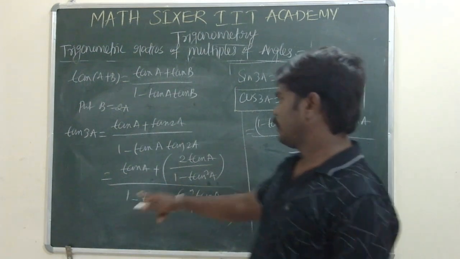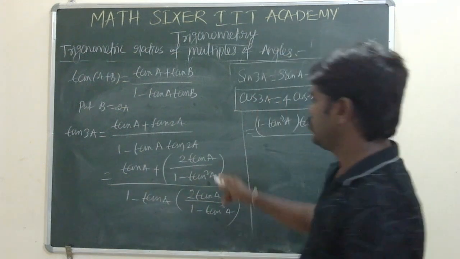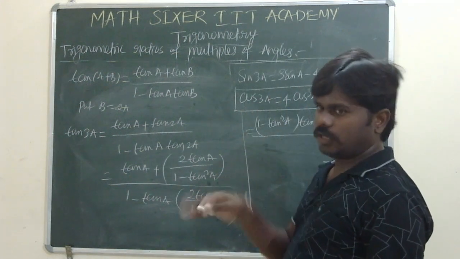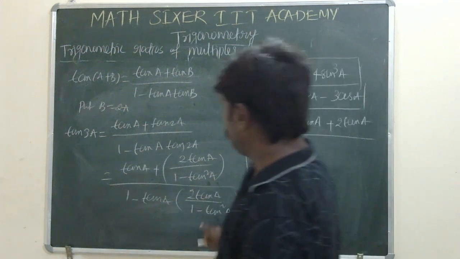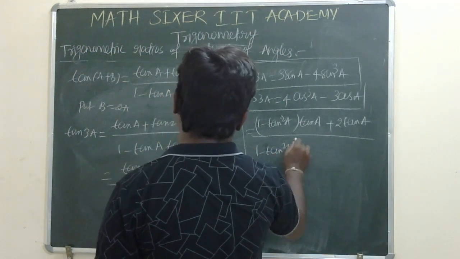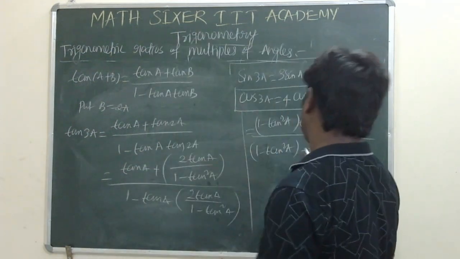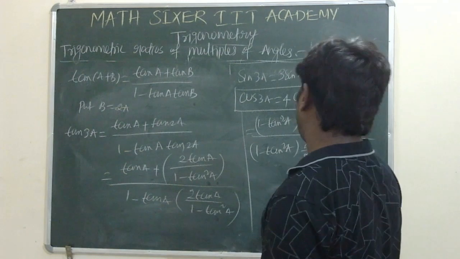Hence we will get the numerator terms over the denominator terms. So here 1 minus tan square a into 1 is 1 minus tan square a, minus tan a into 2 tan a becomes 2 tan square a.